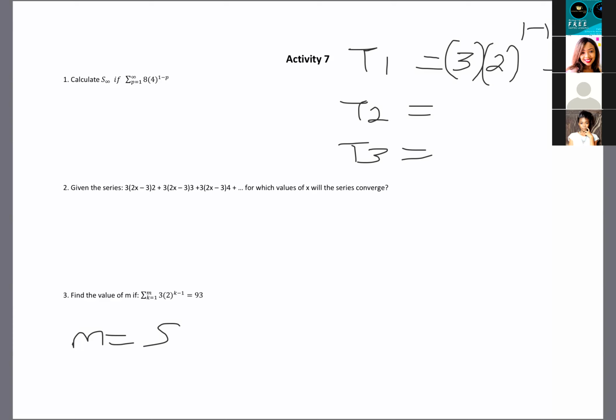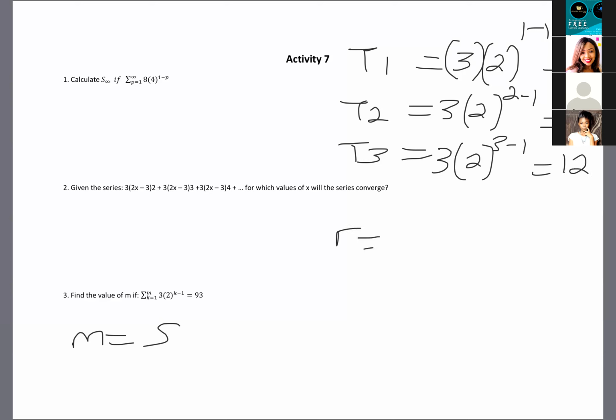And then you have your 3 times 2 to the 2 minus 1, which was 6. And then you have your 3 times 2 to the 3 minus 1, which is 12. Okay, perfect. And then you figured out your R to be 6 over 3, which is 2.